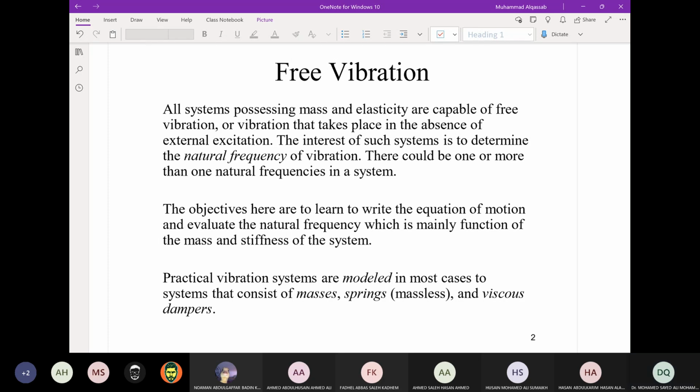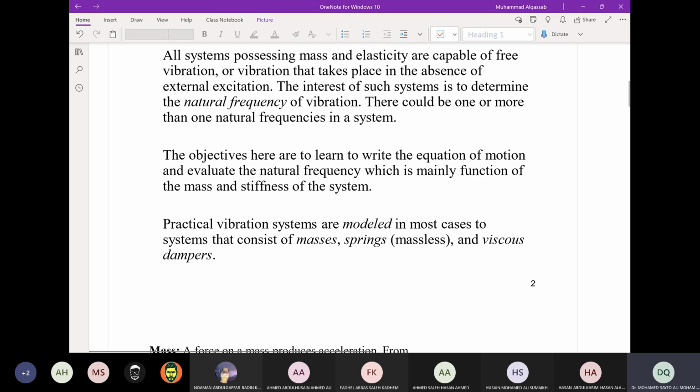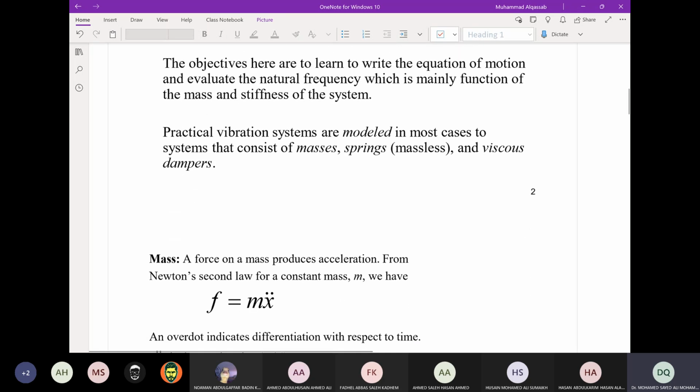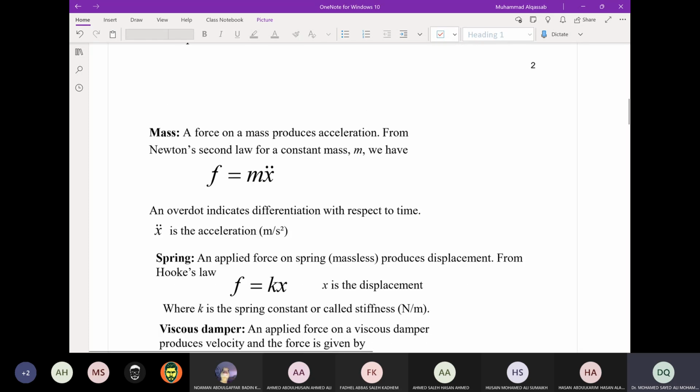So we have three types of models: a massless spring carrying a mass, a simple pendulum, and a shaft and a disc. We will have actual systems, called practical vibration systems, and we will model them in most cases as a spring mass system with a viscous damper, or as a simple pendulum or torsional vibration.